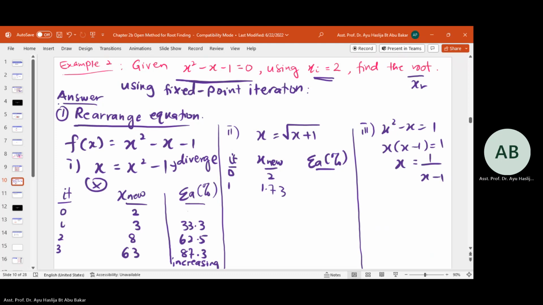Decreasing. Yeah, try to do it and find the root until 6 iterations. What do you get? For the second equation, you can see the EA is decreasing. So that means this equation is correct.